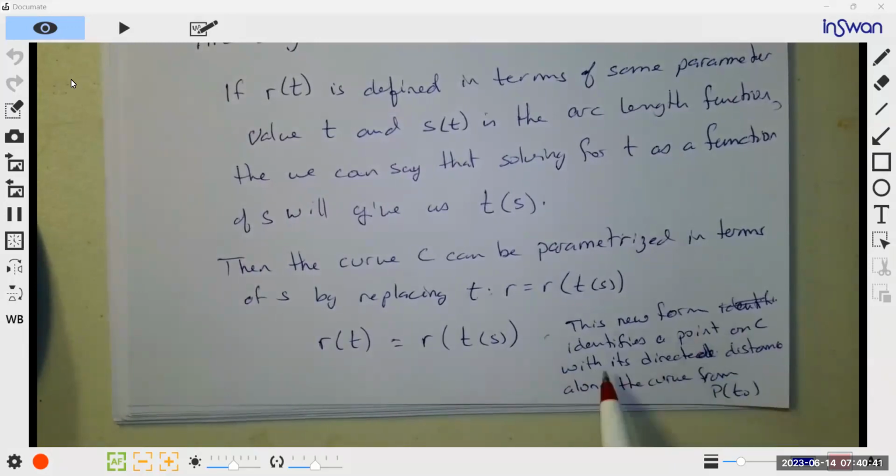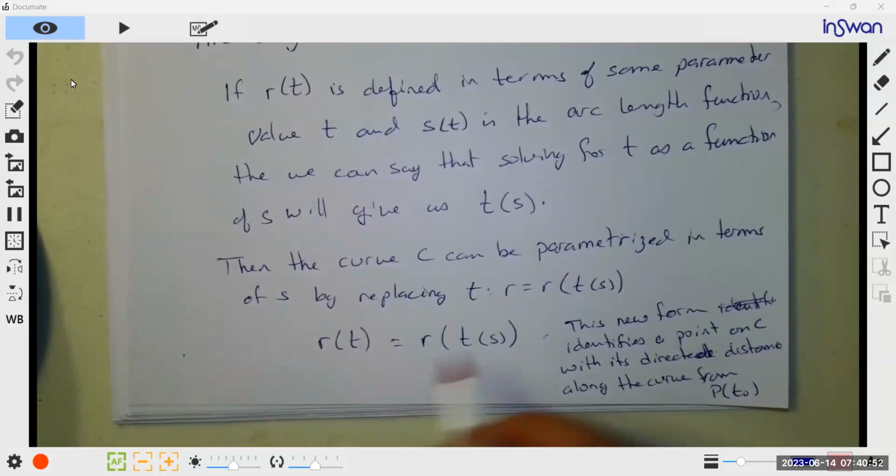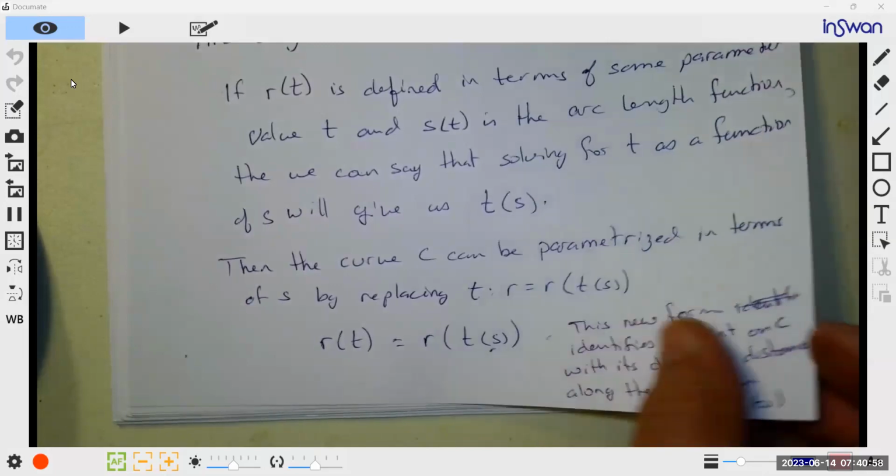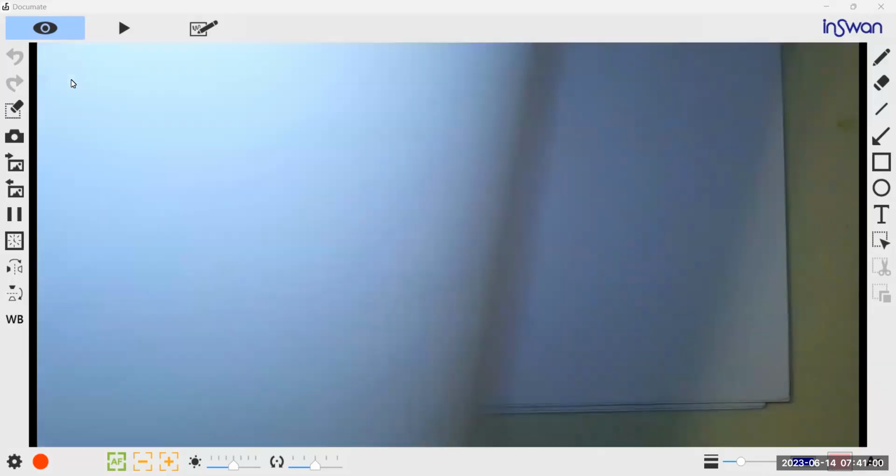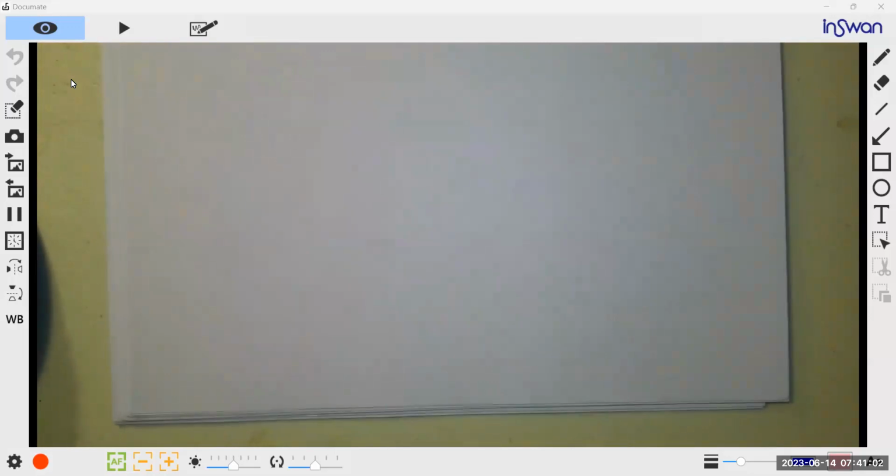So this new form identifies a point on curve C with its directed distance along the curve. So remember, s is our directed distance. All right, let's look at an example to see what that means.